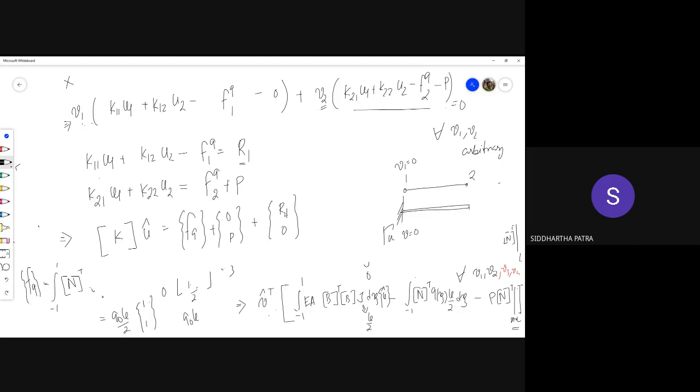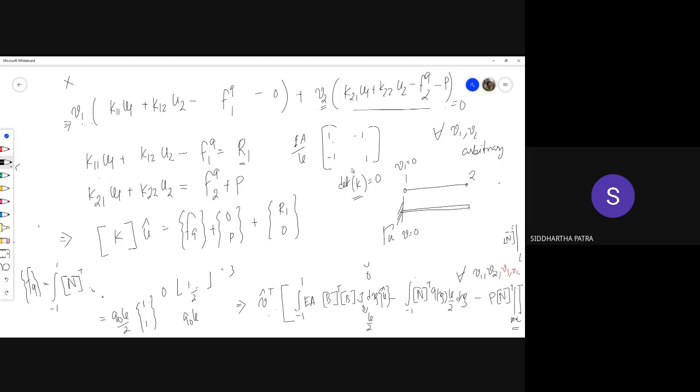Okay. So please understand this stiffness matrix of yours, which looks like [1 minus 1; minus 1 1] times EA divided by LE, is not invertible because the determinant of K is 0. 1 times 1 is 1, minus minus 1 times minus 1, so it is 0. So it's not invertible.